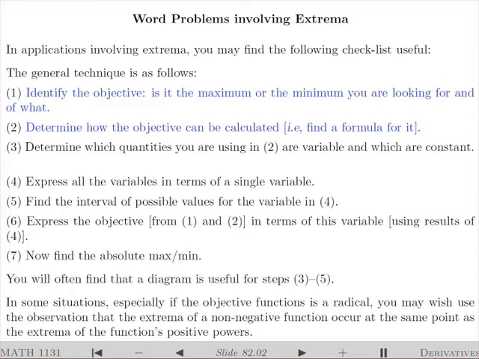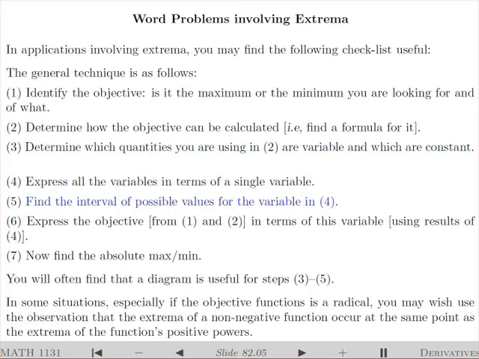So you are going to list all of those things and use this to write everything you need to calculate the objective function in terms of a single variable. Since we are dealing only with functions of a single variable, we need to do this. In chapter 17, we will deal with the case of several variables.